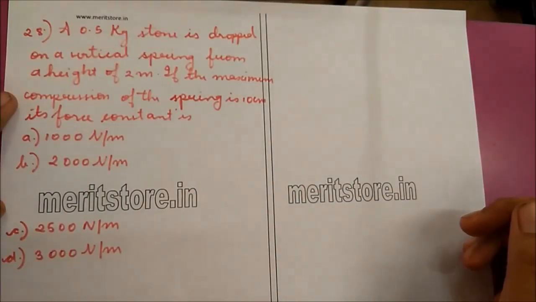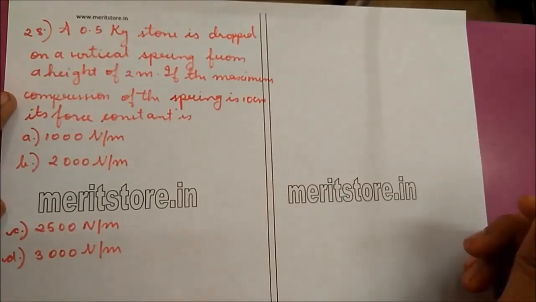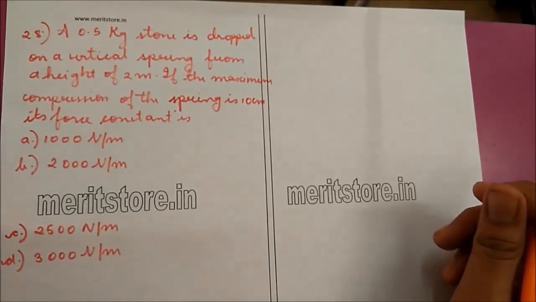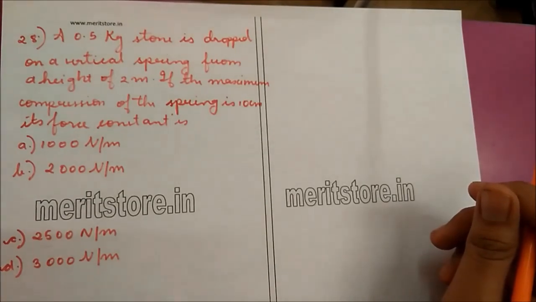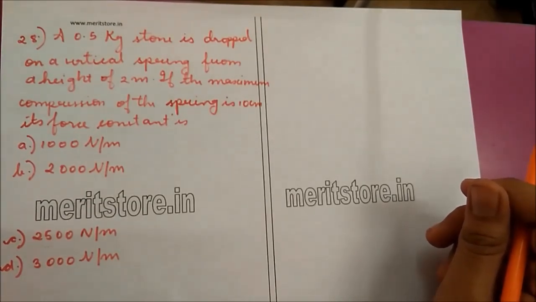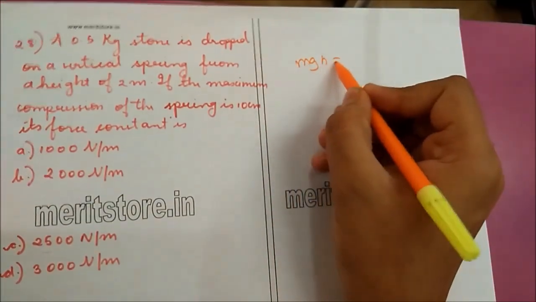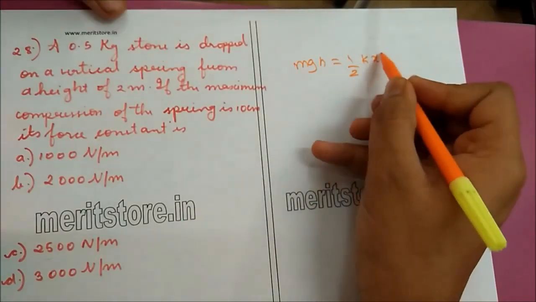Question 28. A 0.5 kg stone is dropped on a vertical spring from a height of 2 meter. If the maximum compression of the spring is 10 centimeter, its force constant is. Now to find force constant, we know that when a stone is dropped from the height h, its potential energy changes by mgh, that is potential energy which is compressing the spring. So mgh is equal to half k x square.